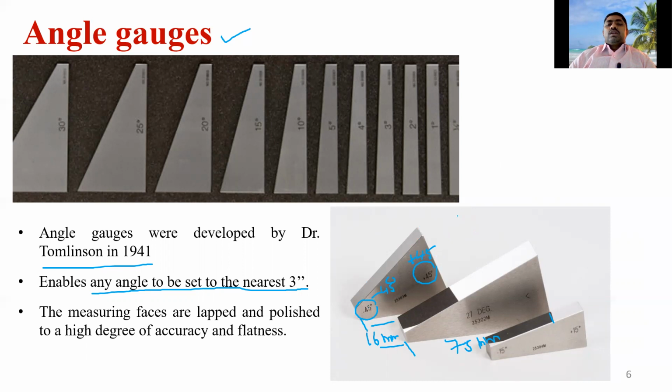The angle gauges are more accurate than the sine bars for measuring angles. They can be used for measuring angles from 0 to 360 degrees with an accuracy of 0.25 seconds.